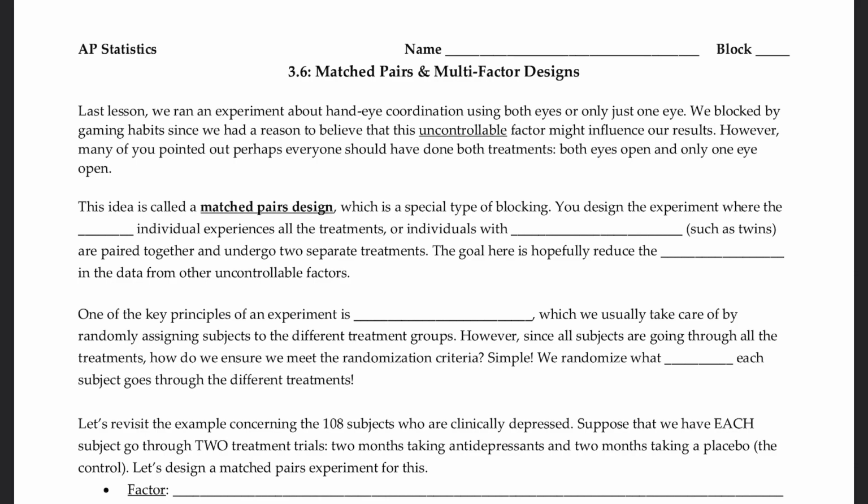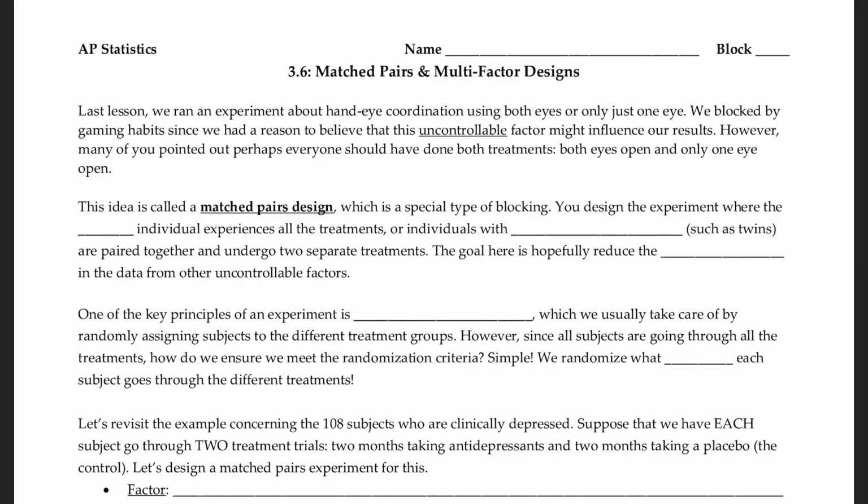But as I was walking around talking with you all, and maybe even in Mr. Dobrovich's class, some people asked: why didn't we do both treatments? Why couldn't we do two eyes and then one eye, and see if there is a difference? Well, that idea is called a matched pairs design.